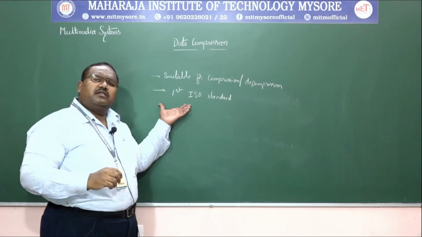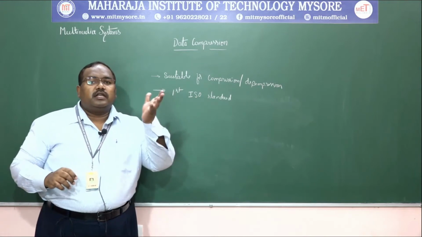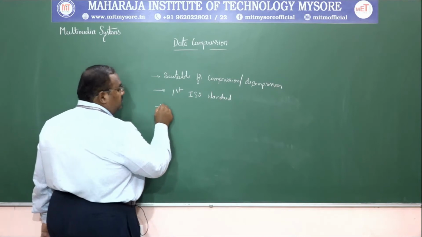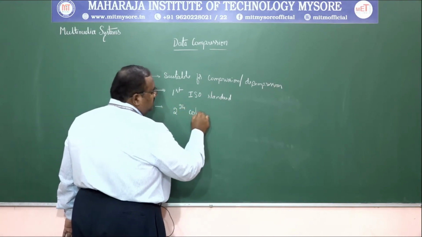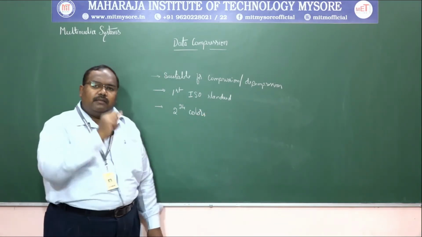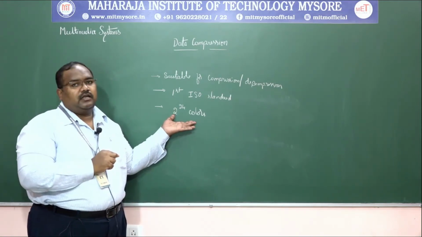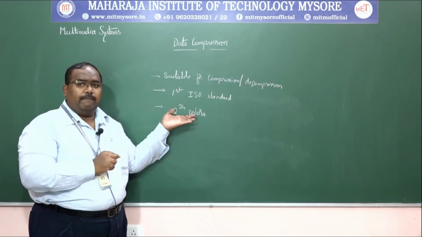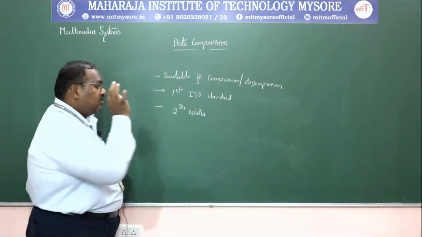That's why JPEG is used by many digital devices, and it supports 2 to the power of 24 colors. There are many other image formats which use fewer colors than this; 2 to the power of 24 colors are supported by JPEG, and it helps in various levels of compression. This is very important.